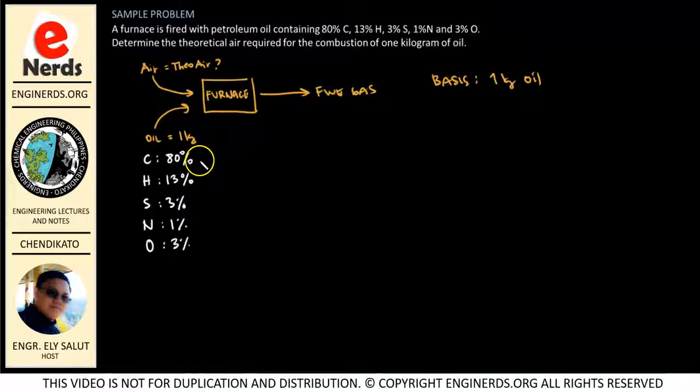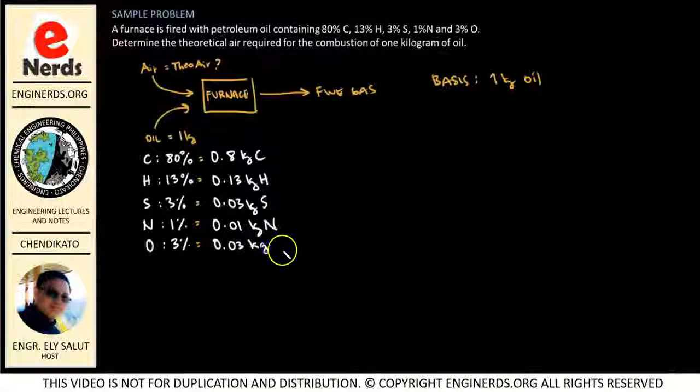So, let us say, for carbon, hydrogen, sulfur, nitrogen. So, ano yung mga weight natin dyan? Our carbon is 0.8 kilogram of carbon, 0.13 kilogram of hydrogen, 0.03 kilogram of sulfur, 0.01 kilogram of nitrogen, and 0.03 kilogram of oxygen, di ba?